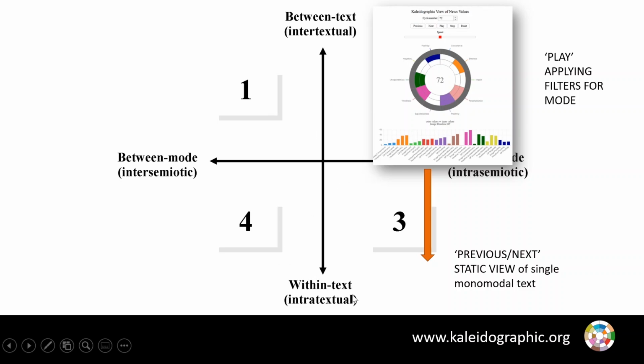So again, looking within text and within mode if we still have this filter applied, which eliminates one of the modes. So as you can see, Kaleidographic has the ability to visualize complex results of analyses, and we can use various ways of engaging with the tool through its different functionalities to actually look at either individual texts or to look at particular modes.